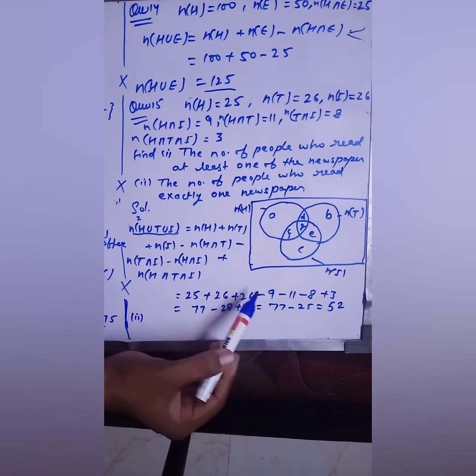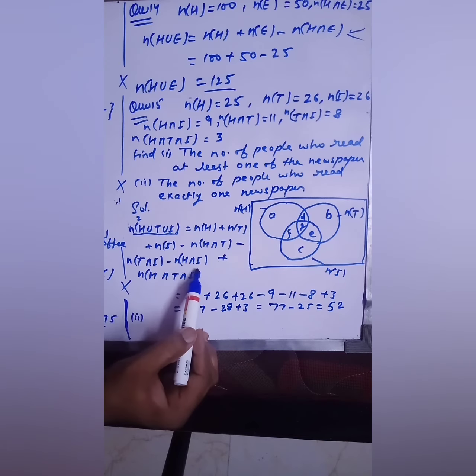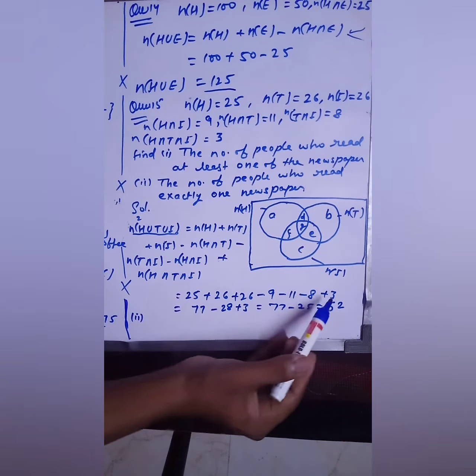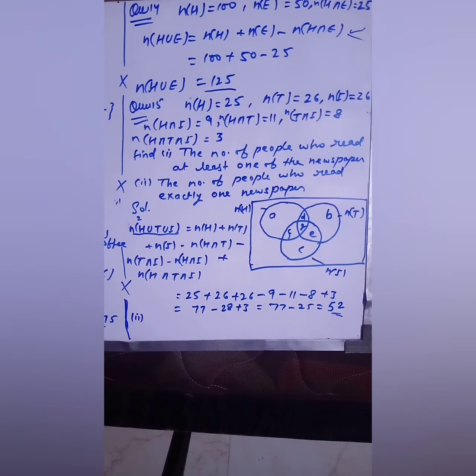The intersections are given as 9, 11 and 8, plus 3 for all three. After solving you will get 52. So this is the answer of your first part.